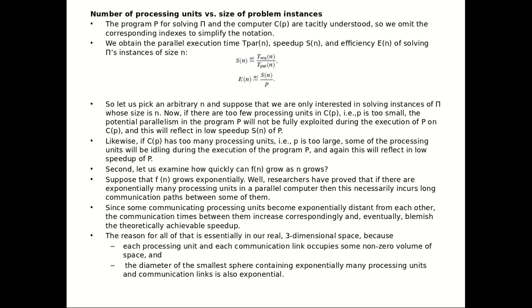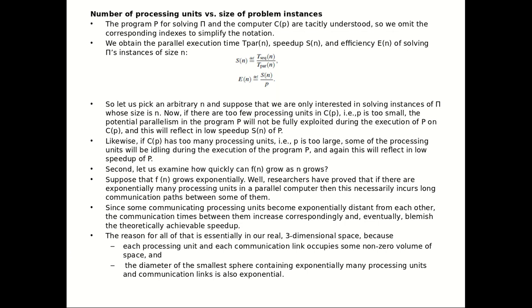So let us pick an arbitrary n and suppose that we are only interested in solving instances of pi whose size is n. Now if there are too few processing units in C, that is P is too small, the potential parallelism in the program P will not be fully exploited during the execution of P on C, and this will reflect in low speed up S of P. So if there are very few processing units, the speed up will be very low.